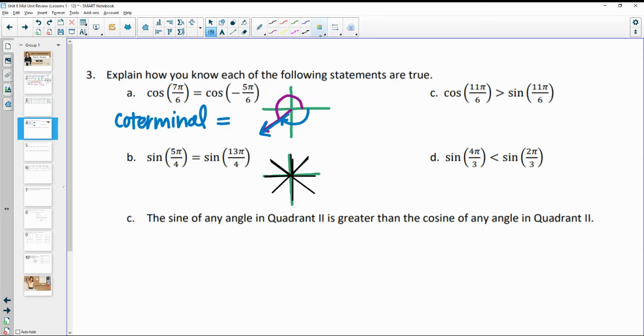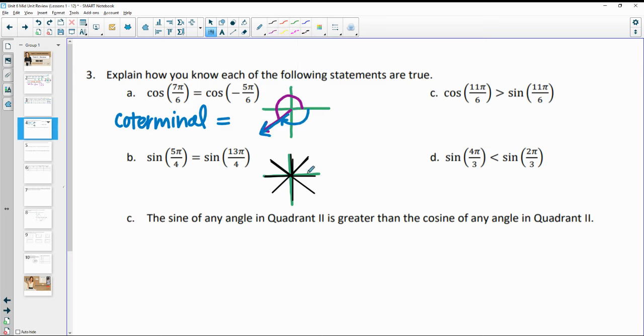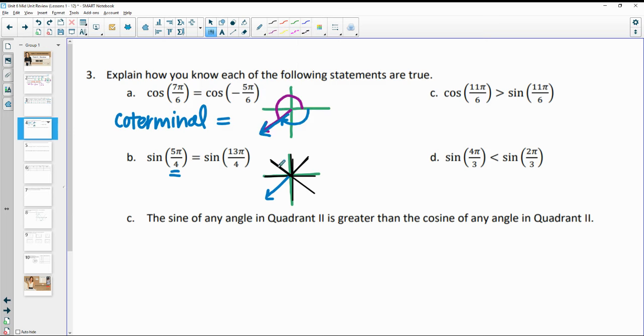So when we're looking at this, then 5 pi over 4, so 1, 2, 3, 4, 5 pi over 4 is going to be here. And then 13 pi over 4, so that would be 4, 8, 12, 13 pi over 4 is going to land here again. So again, these are coterminal, so they're going to be equal to each other.